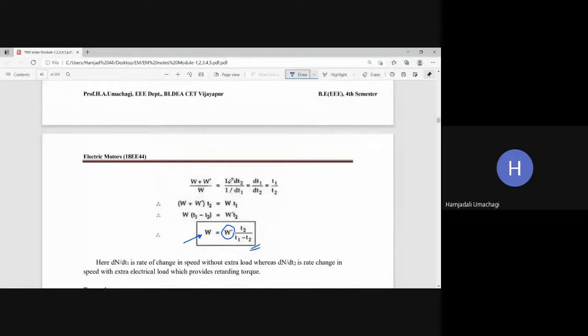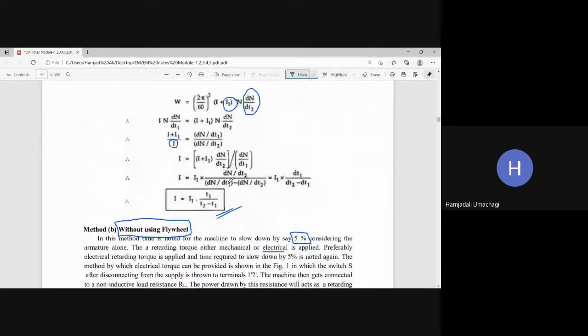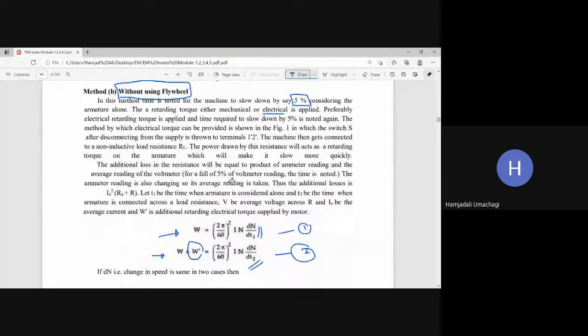If you check the equation here, earlier this W comprised of what? W is equal to (2π/60) whole squared I N dN/dt1. So here moment of inertia is there, N is there. This is one form of calculating rotational loss. But this rotational loss formula has moment of inertia I and dN/dt.